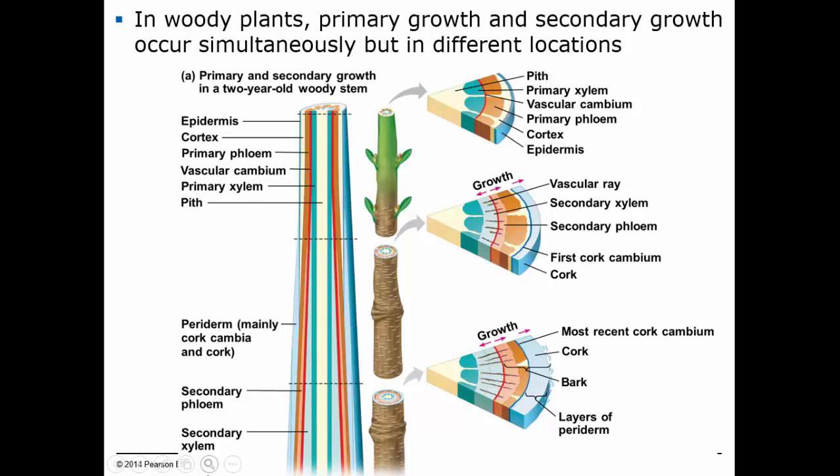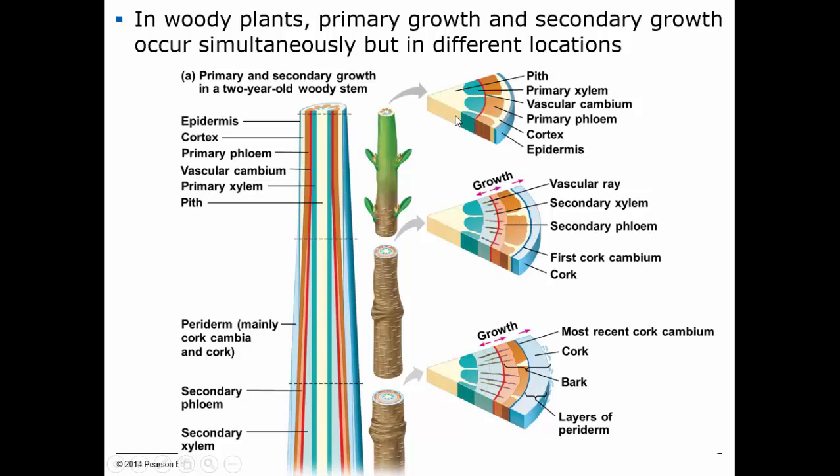To illustrate this point, let's look at growth in a young stem. The base of the stem represents the oldest portion. The region closest to the tip of the stem is the youngest, less than 1 year old. So after cellular differentiation begins, just behind the apical meristem, which isn't pictured here, we get a few layers forming in this stem.